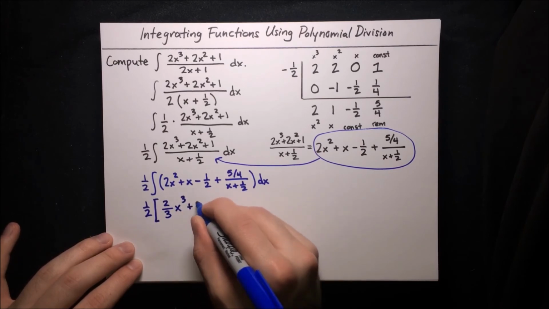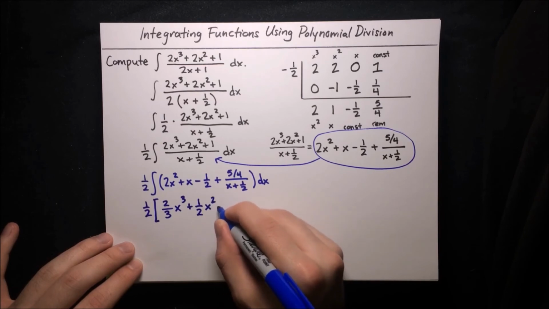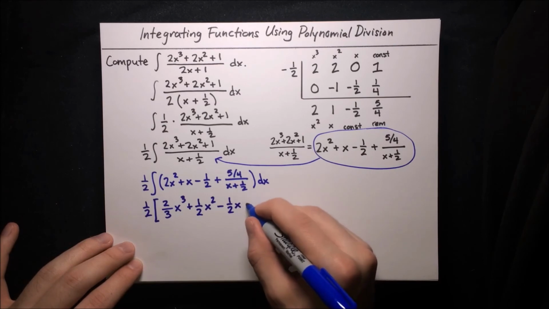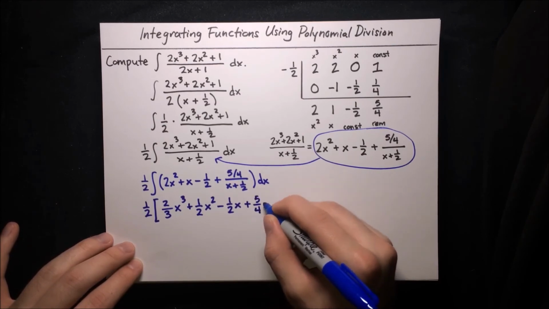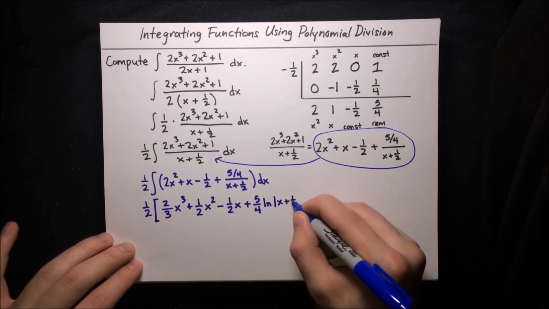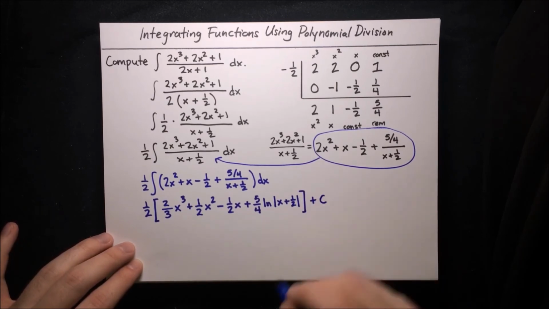And then integral of x is just 1/2 x squared. Integral of a half is just a half x. And then this last term would be 5/4 times the integral of x plus a half, which is natural log of x plus a half. And then don't forget at the very end your constant of integration.